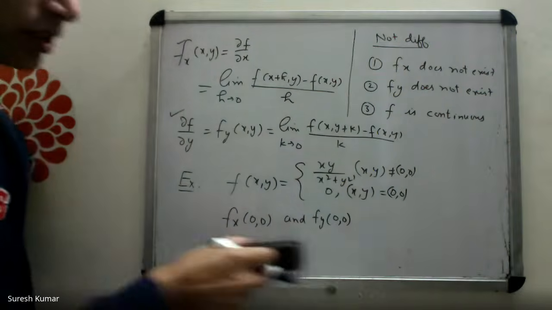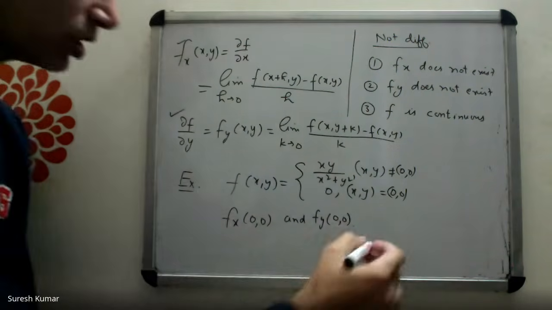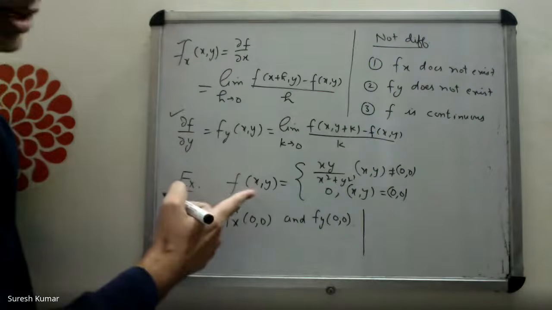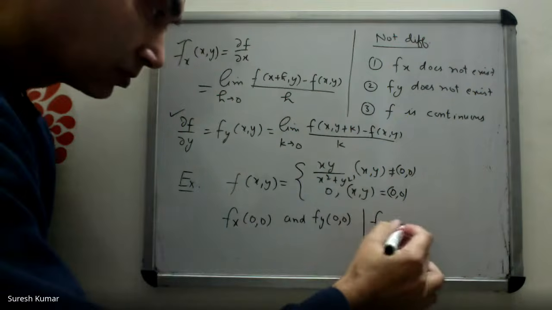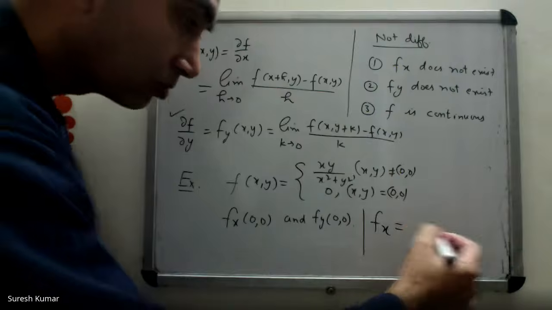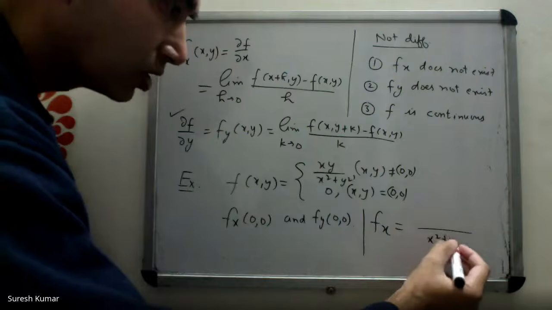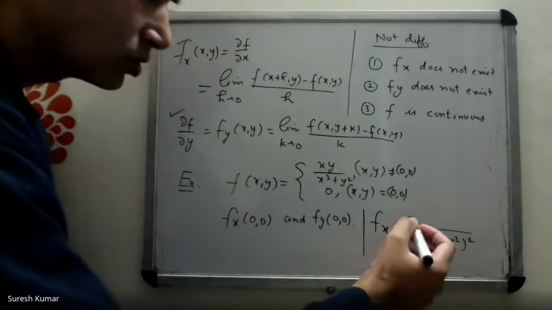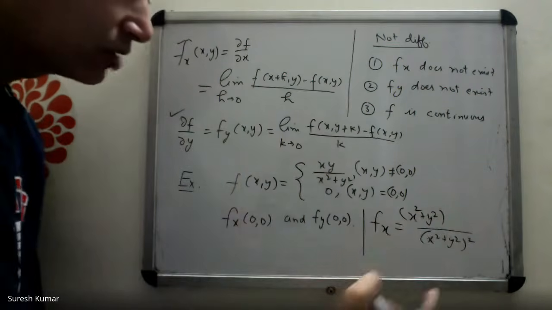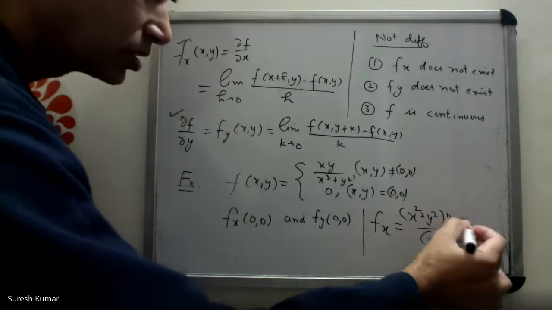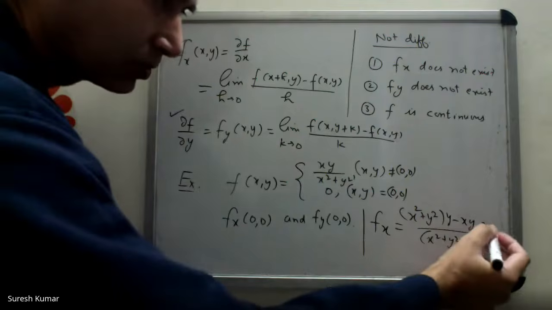A common mistake that is made by students, I should tell you that mistake. Students think, let me differentiate it directly with respect to x. By applying the quotient rule, what is the partial derivative with respect to x? Treat y as constant. So you get (x square plus y square) times the partial derivative of xy with respect to x, which is y, minus xy times the partial derivative of the denominator with respect to x, which is 2x, all over (x square plus y square) whole square.